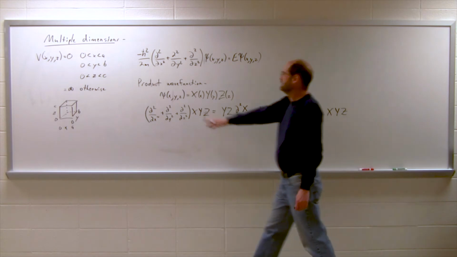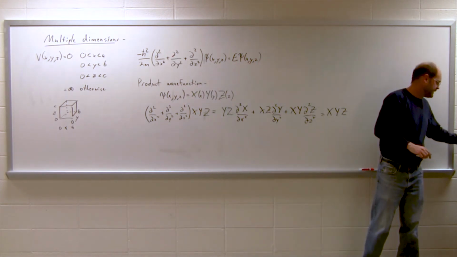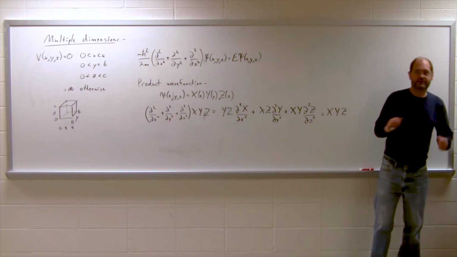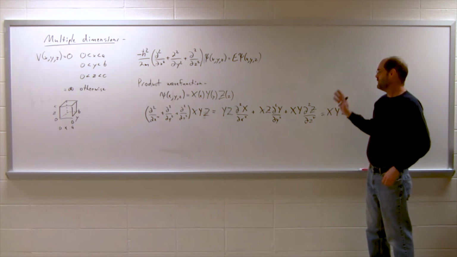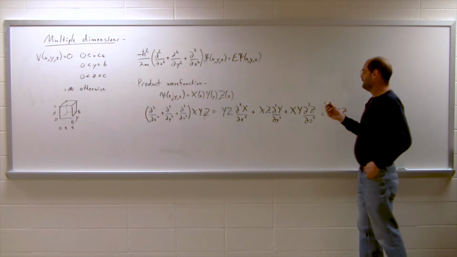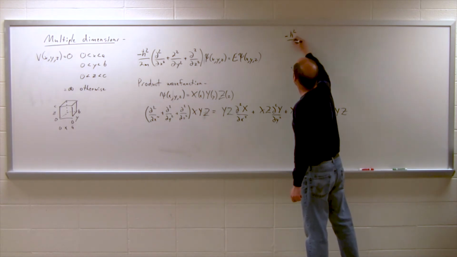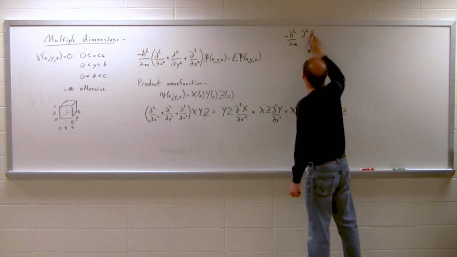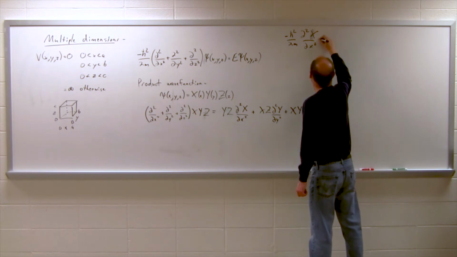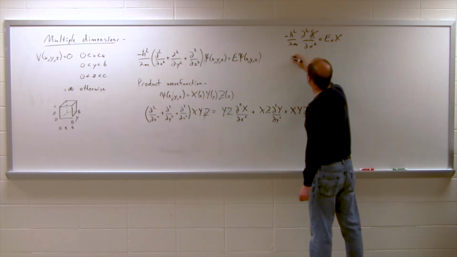And if this is equal to E times the constant of minus h bar squared over 2m, which I've neglected, then it turns out I can separate these into three separate equations. I can factor out X, Y, and Z, and what I'll get is three equations. The first one, minus h bar squared over 2m, second derivative of the X function equal to E_x times the X function.